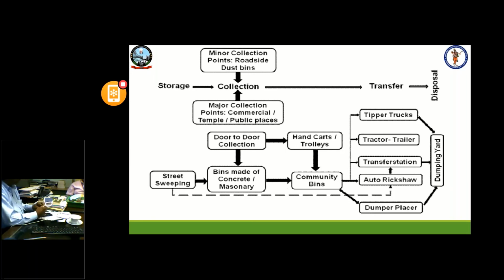We have minor collection points, that is roadside dustbins, and major collection points, temples, public places, etc. Even from municipal households, door-to-door collection and street sweeping can be transferred to bins made of concrete or masonry, or a movable container system, taken by hand carts, community bins, tipper tractor, transportation, auto rickshaw. Like this we are transporting. Even with the movable container system, the container itself can be taken and transported up to the disposal site.